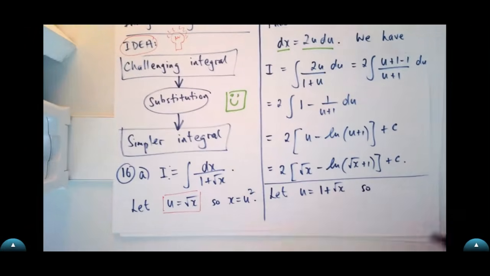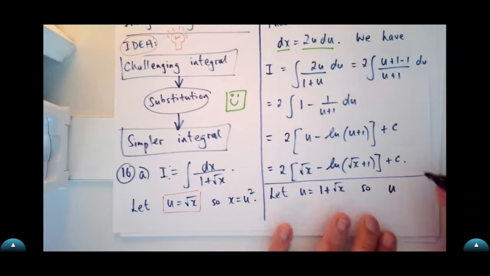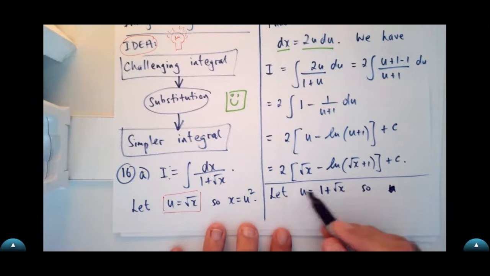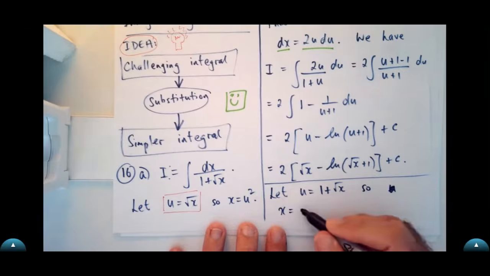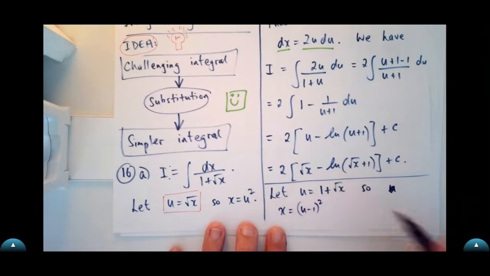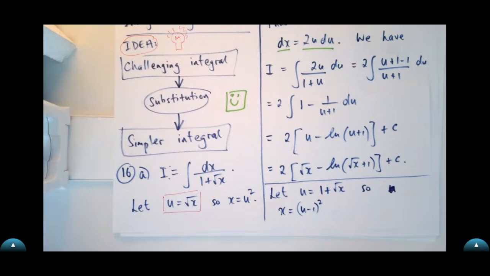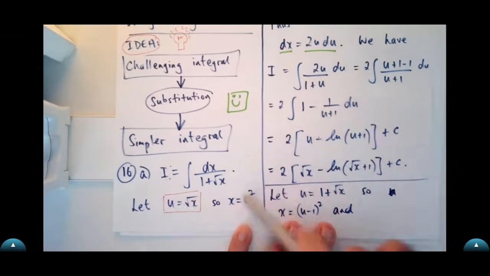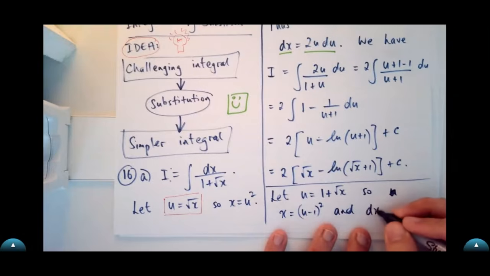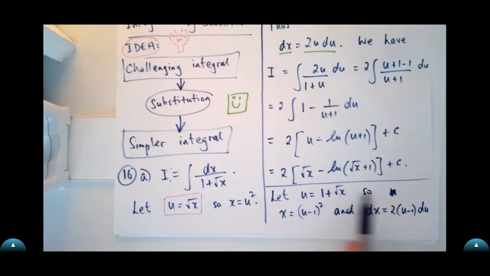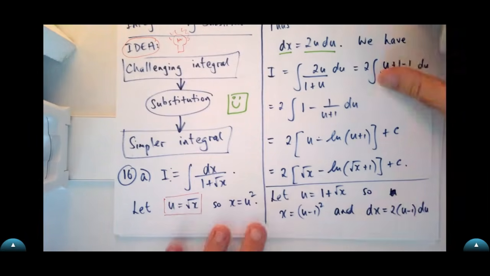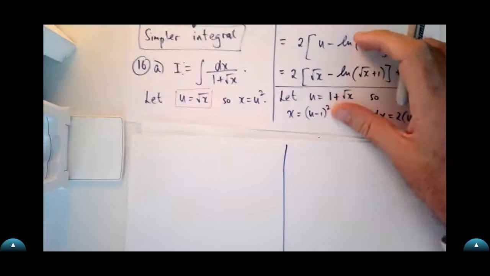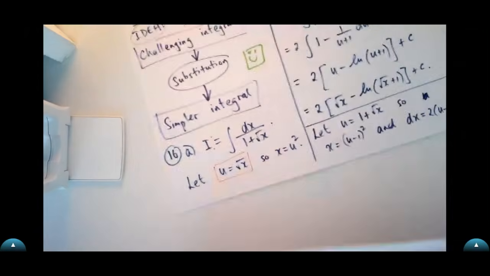If I rearrange it, u minus 1, taking that to the other side, x equals u minus 1 squared. We're just repeating what we did here. The dx is going to be 2 times u minus 1 du. Now, if you substitute these into your original integral, watch what happens.